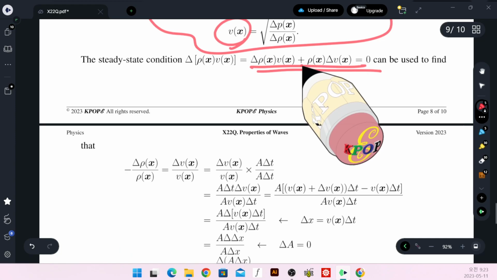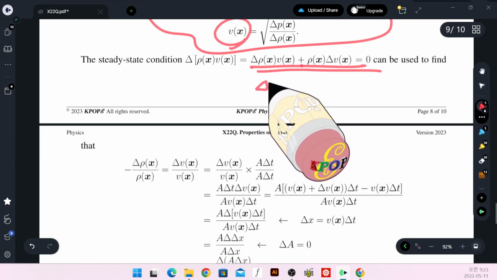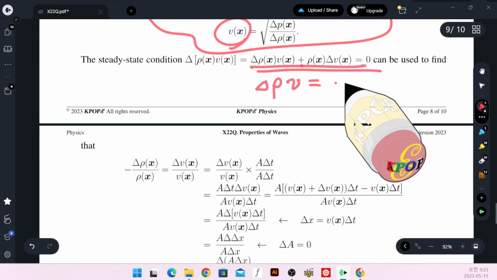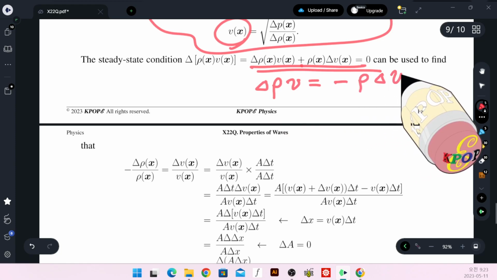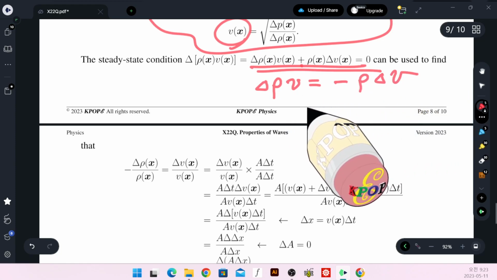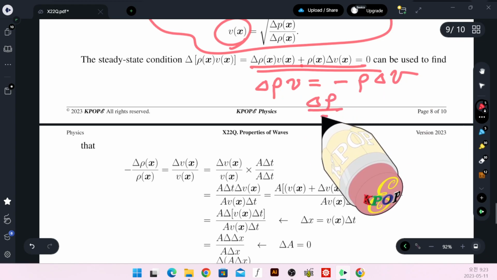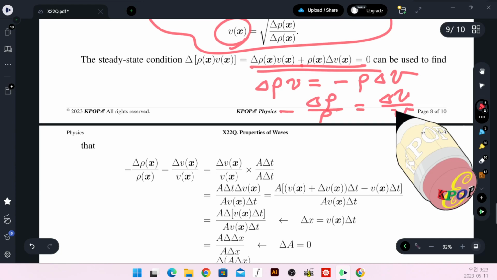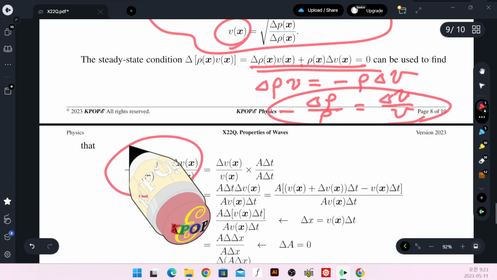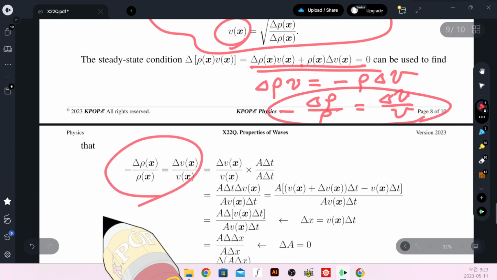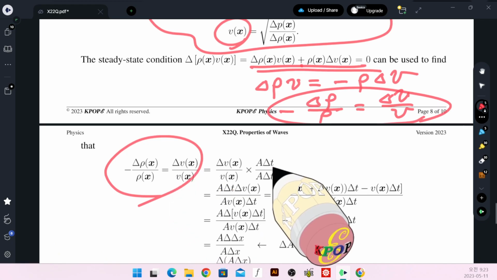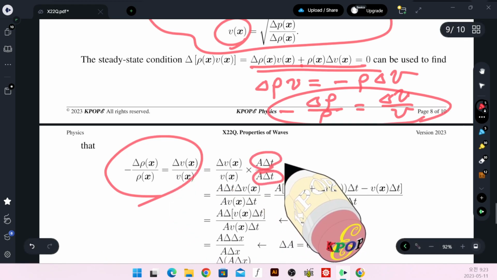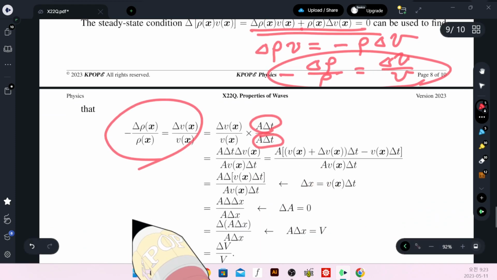From this, move, divide by rho v. Okay, so we obtain this. Why don't we multiply by 1, that is a cross-sectional area multiplied by a time difference?